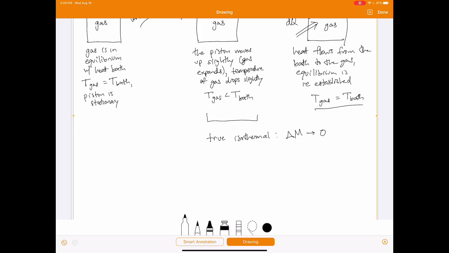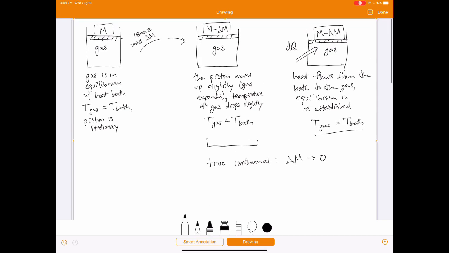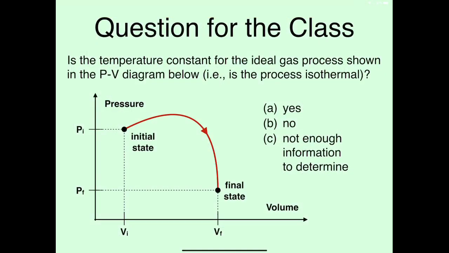But if the amount of mass you're taking off each time is actually 0, then it would take infinitely long to carry out, which is why we say this is an idealization. It's not something you would actually do in the real world, but again, it's still a useful concept.